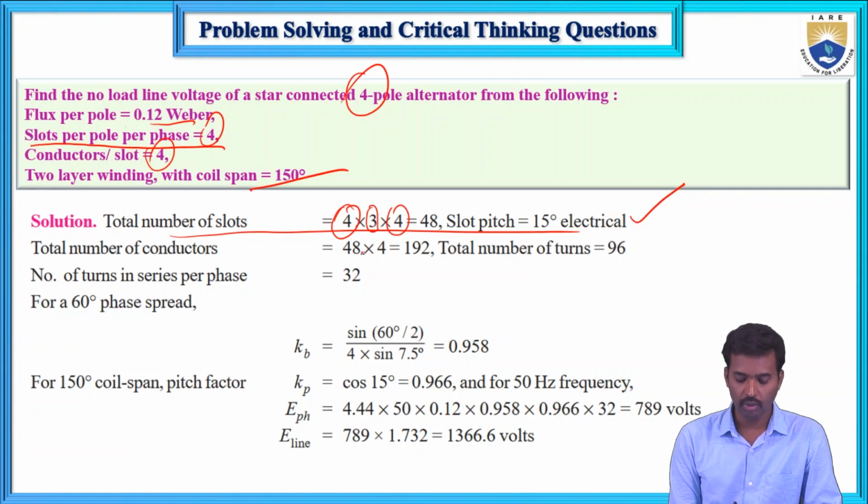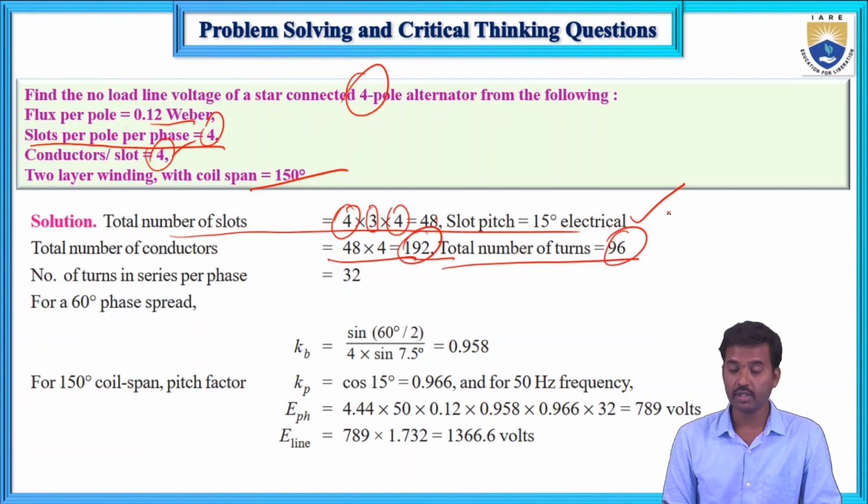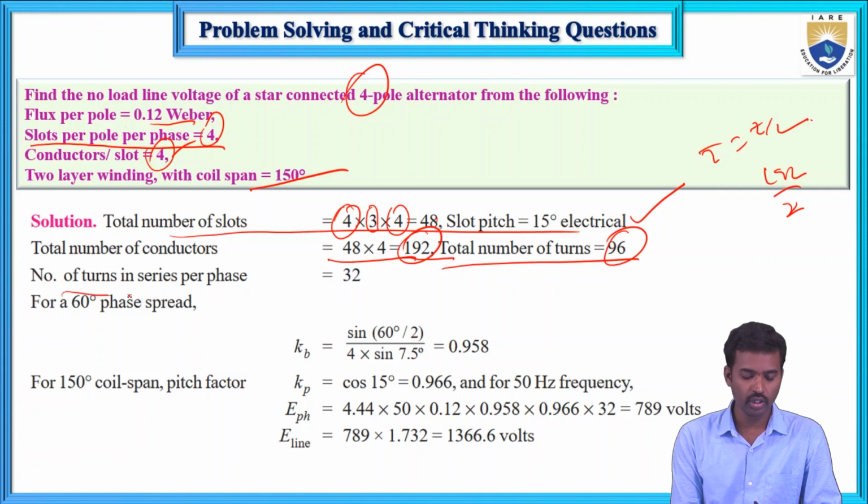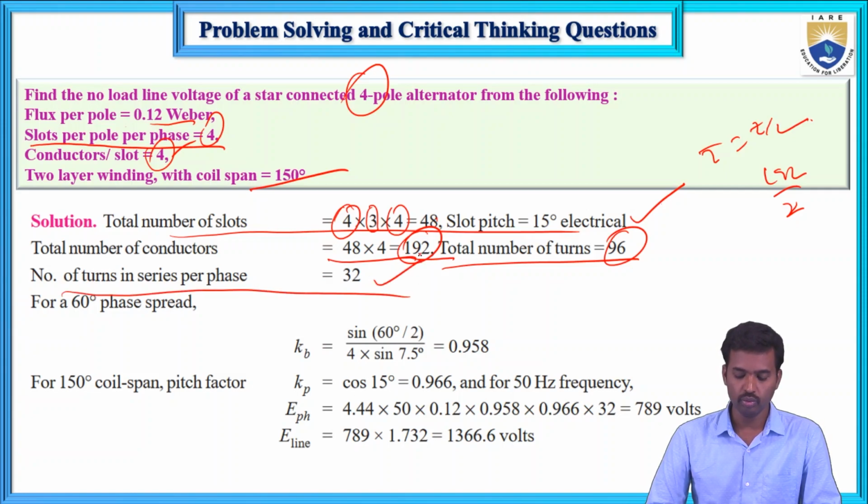Total number of conductors is 48 into 4, that equals 192, and total number of turns T equals Z by 2, 192 by 2. So now the total number of turns in series is 32.